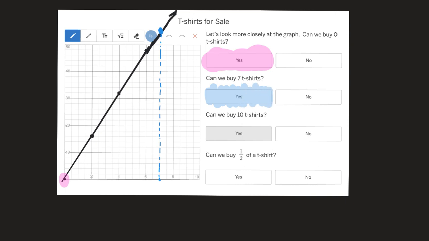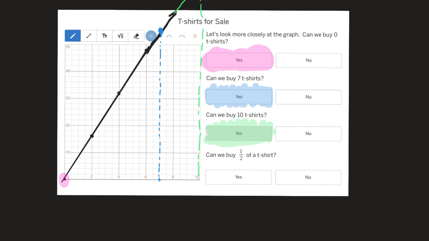Can we buy 10 shirts? Would 10 be on my line? So if I kept going, I'm going to change to a different color and keep going. And I wanted to go up and buy 10 shirts. Sure, it's on my line. I can buy 10 shirts. That's perfectly fine. All of those work for a couple reasons.